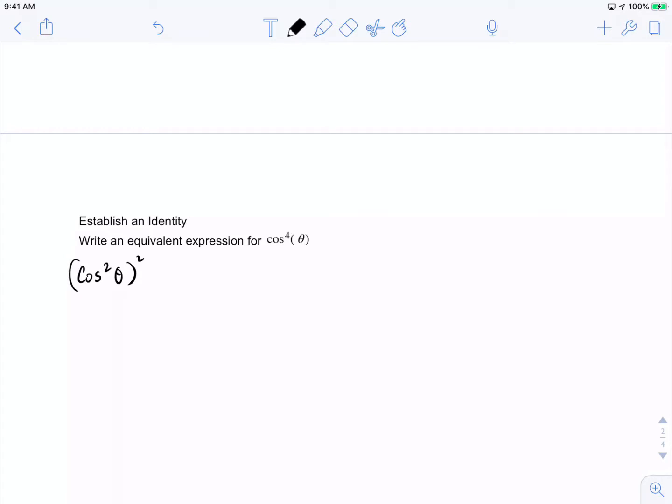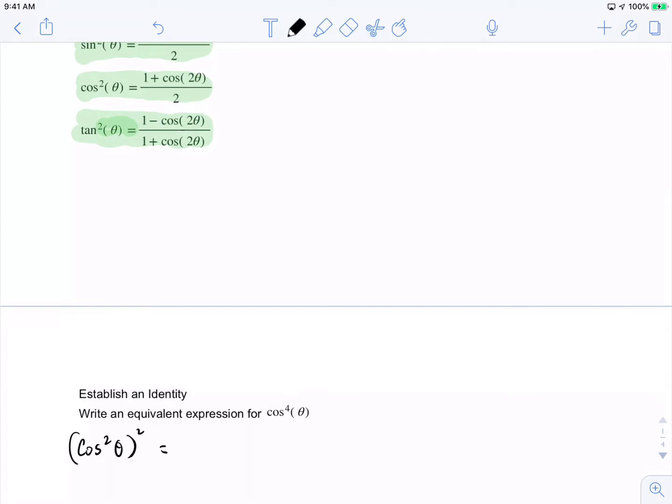And so in terms of cosine squared, we broke down that cosine to the 4th like that, and so we're going to get 1 plus cosine 2 theta over 2, and then we're going to square that.